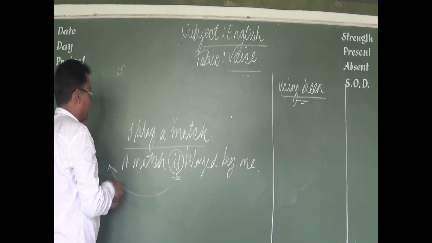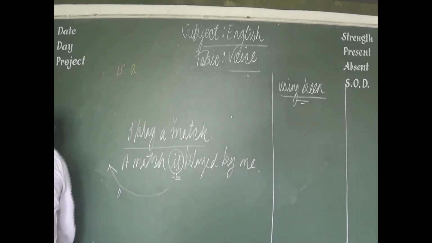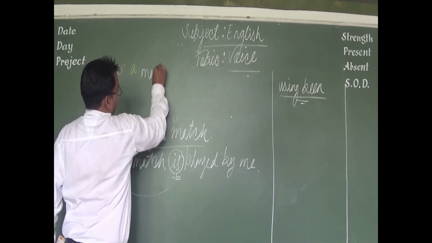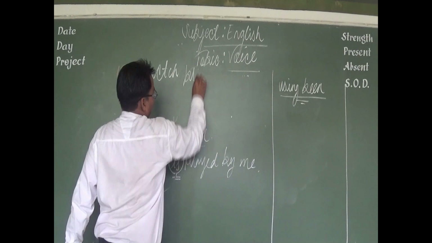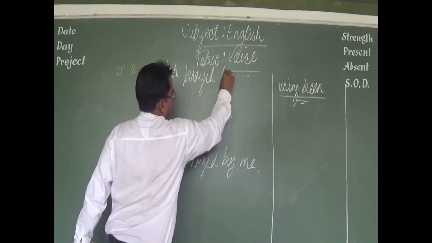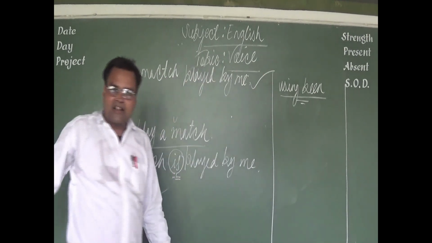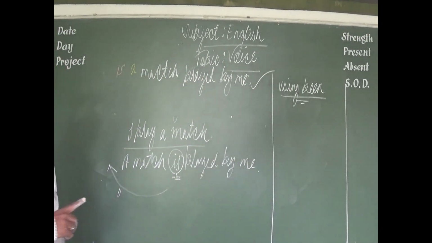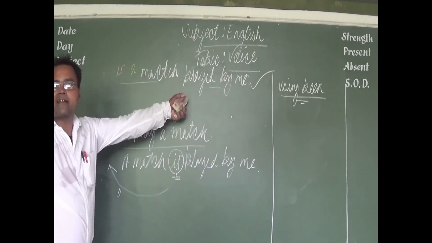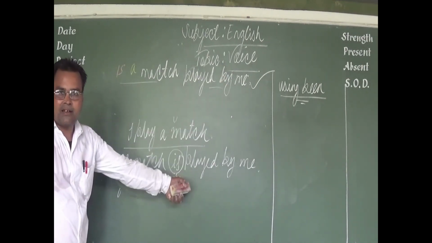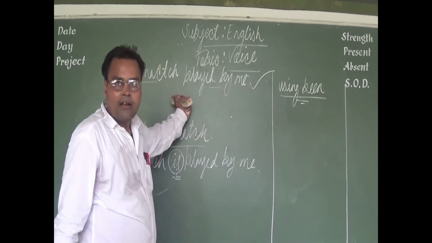Is a match played by me. This is the accurate answer. Nobody can say this is an incorrect word. So this is the exact answer. By using certain tactics, you get the correct answer.